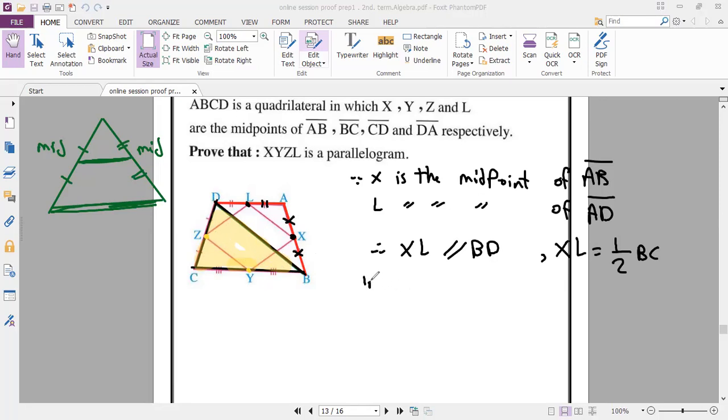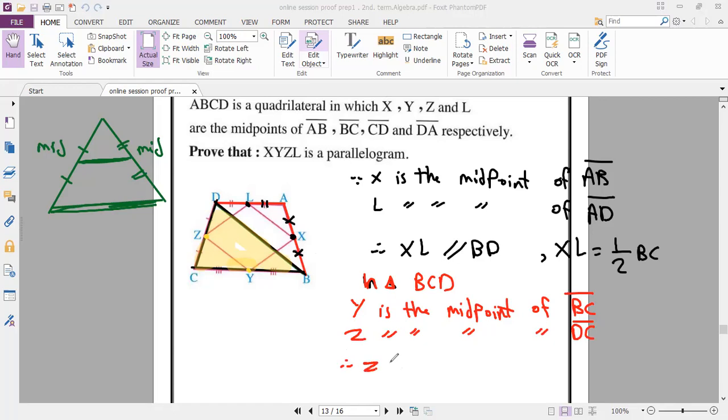So write, in triangle BCD, Y is the midpoint of BC, and Z also is the midpoint of DC. It's given. So we deduce that ZY is parallel to BD, and ZY equals half the length of BD.